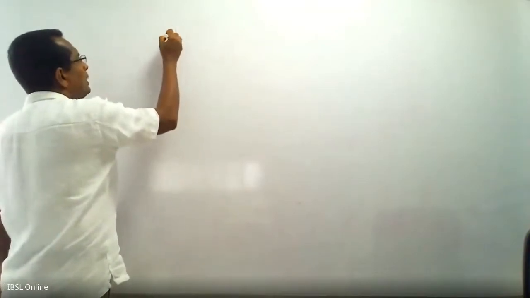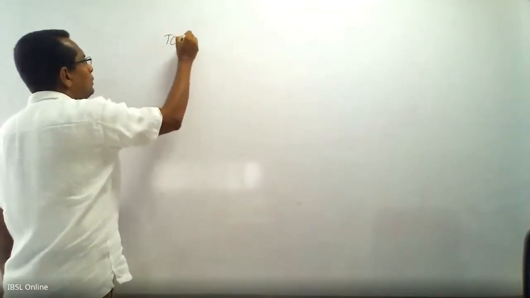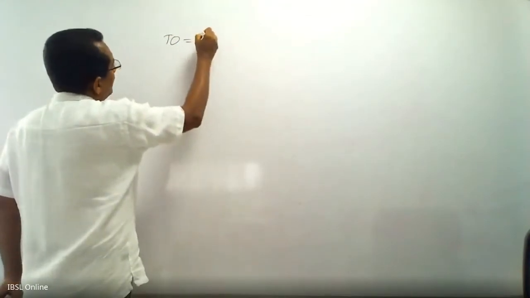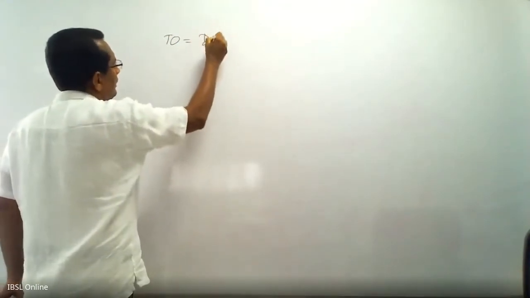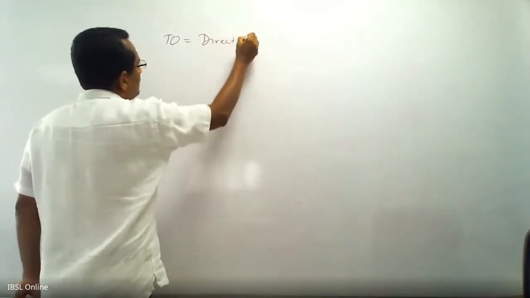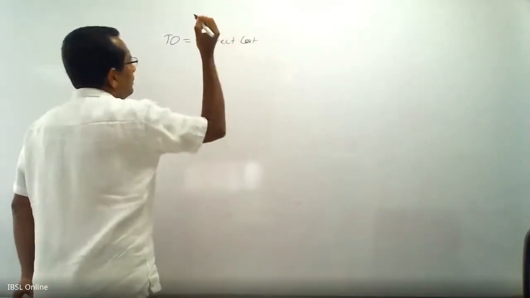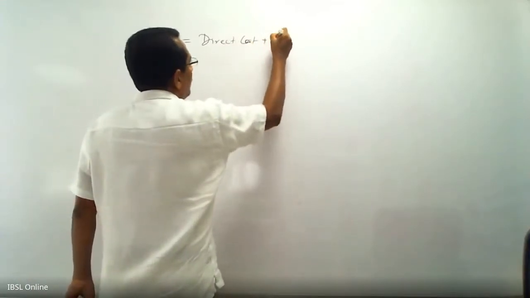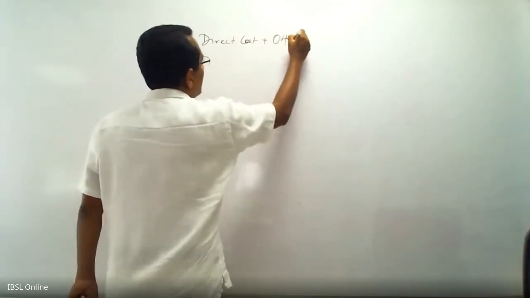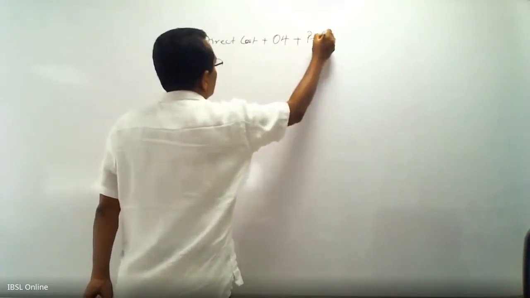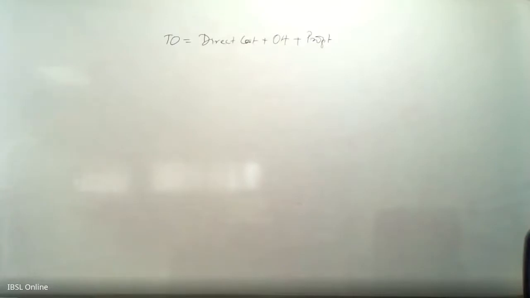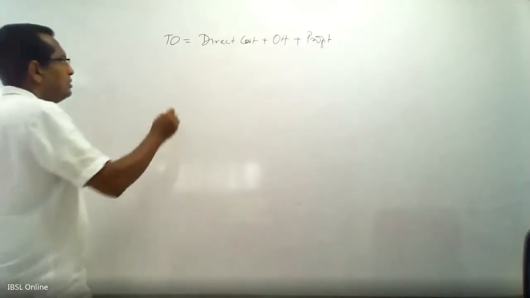So business formula is turnover equals, we write the normal way, direct cost plus overhead cost plus profit. Right? This is the P&L. Writing horizontally.